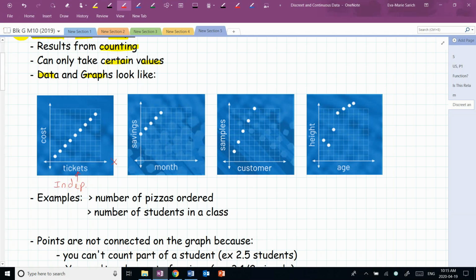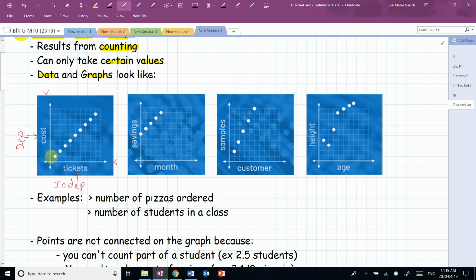And the tickets will determine the cost that is being spent. So if you're going to order tickets, the number of tickets that you order will determine the cost. And this is on the y-axis, and this is the dependent variable.